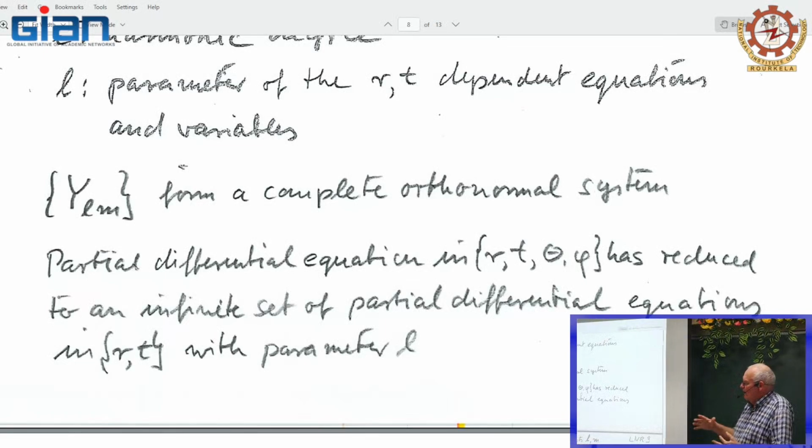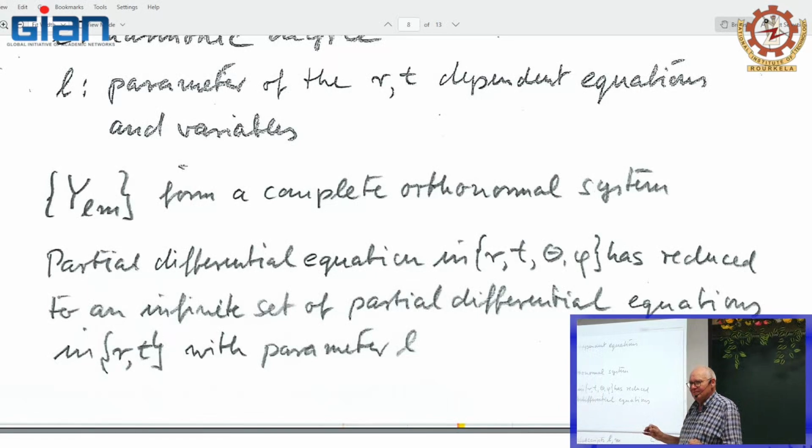So by this expansion we have a set of infinitely many partial differential equations containing an index l, and we have lost the angular dependence at the cost of having an infinite set of equations.